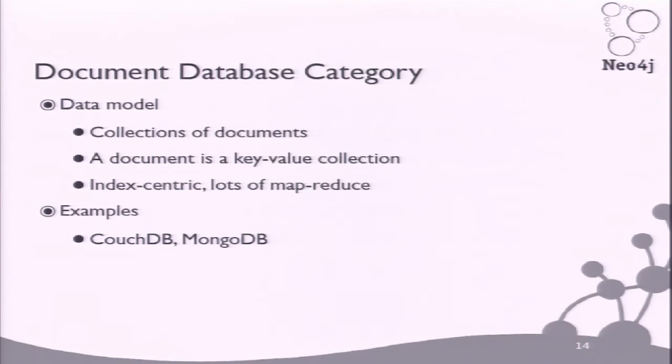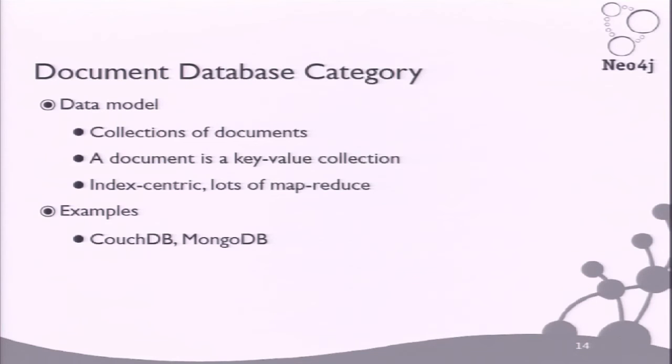The data model here is that of simple documents. What they call documents is basically key-value pairs, a bunch of key-value pairs lumped together, like a JSON document, or like a hash map in Java. Famous implementations: CouchDB, MongoDB, Couchbase, which is a fork-ish of CouchDB. Ask me more about that if you're interested.